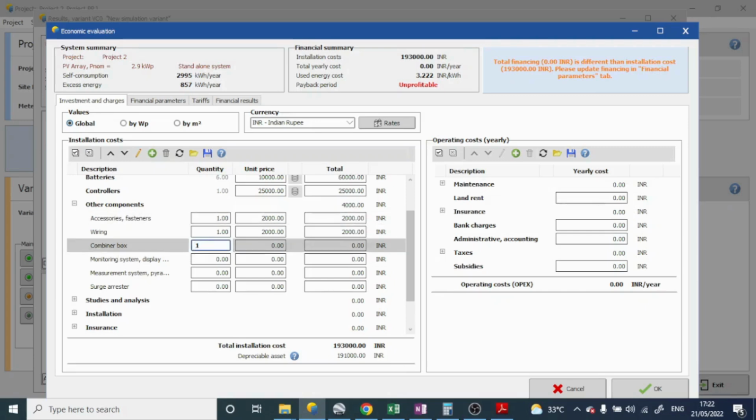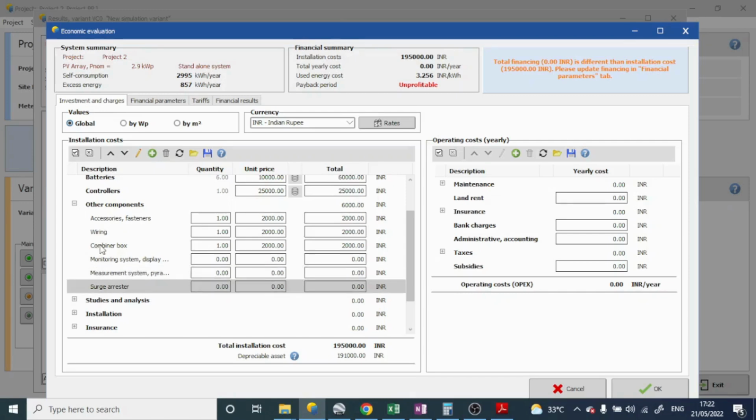Combiner box, one parameter, will consist of 2,000 rupees. Monitoring and display cost, we just remove it, because this monitoring and display is not necessary for a small scale project. Measurement and the pyranometer are also not necessary for a small scale project.